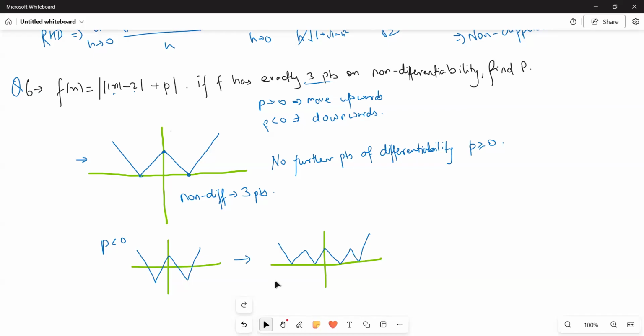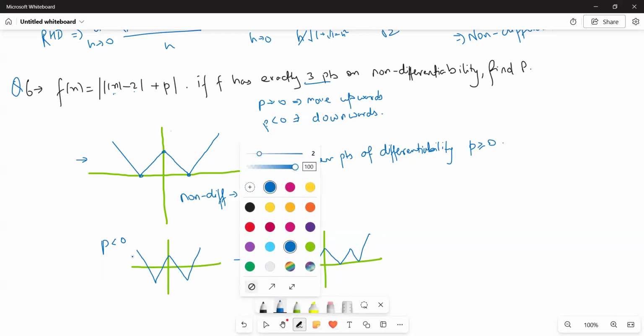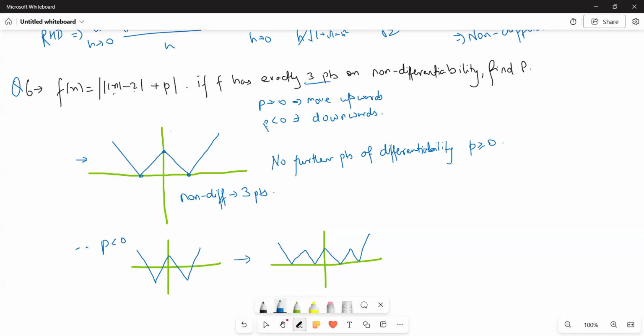If we had to discuss this question for all possible scenarios: if p is greater than or equal to 0, then the number of points of non-differentiability would be 3. Okay? If p lies between -2 and 0, then this situation will occur.